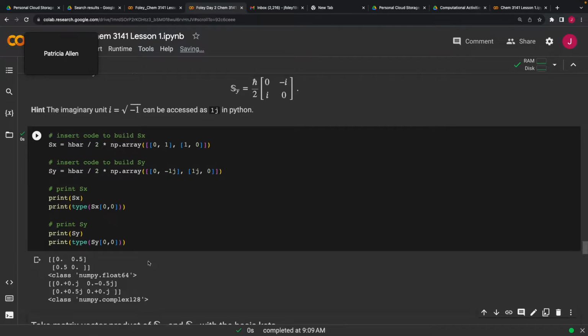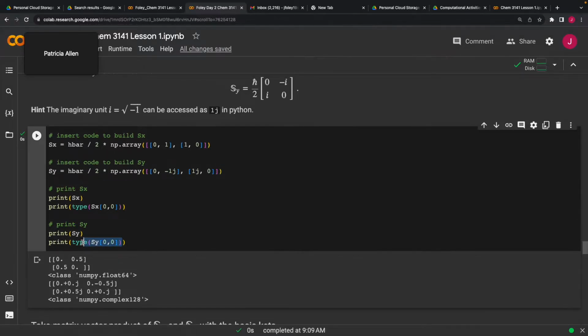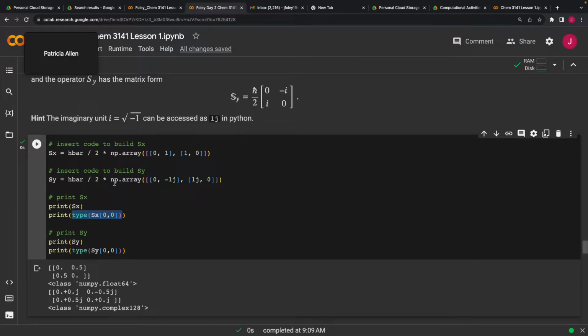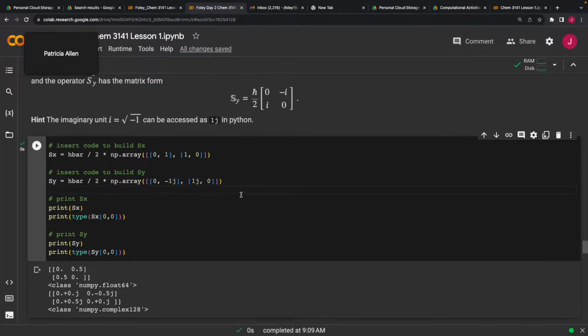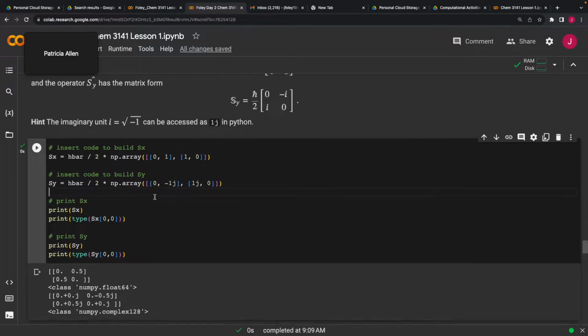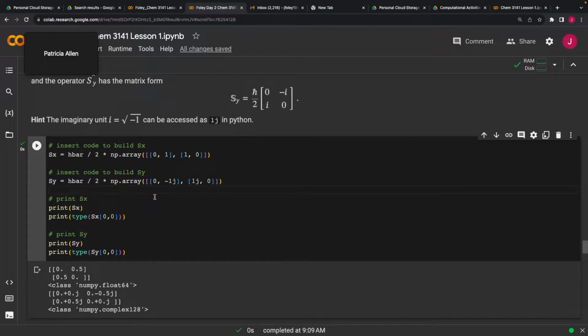So SY stores complex numbers and SX only stores floats. And the reason why is NumPy decided on an array of complex numbers because some of the entries I have defined to have imaginary components. And I only wrote real components for SX, so NumPy has decided that this should be an array of floats. And then the other thing, we had a little discussion in one of the labs, I think maybe Wednesday lab, about precision.